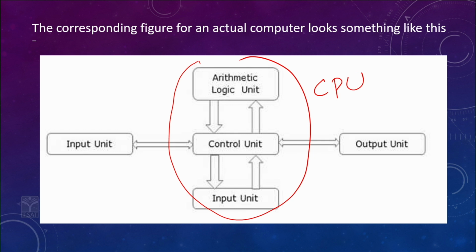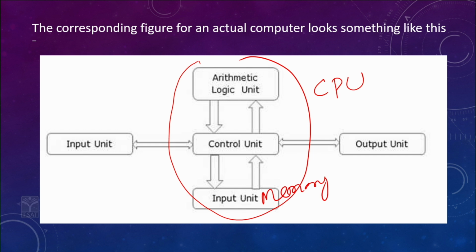In the central processing unit, you have the arithmetic logical unit to perform arithmetic operations and logical operations, and the next one is the control unit, which controls the total computer operations. One more thing here is the memory. And the other one is the output unit. Clear?